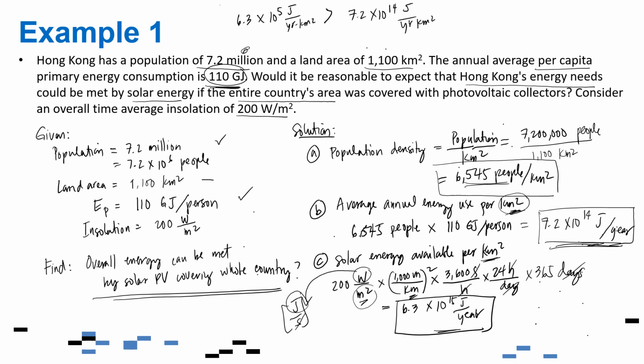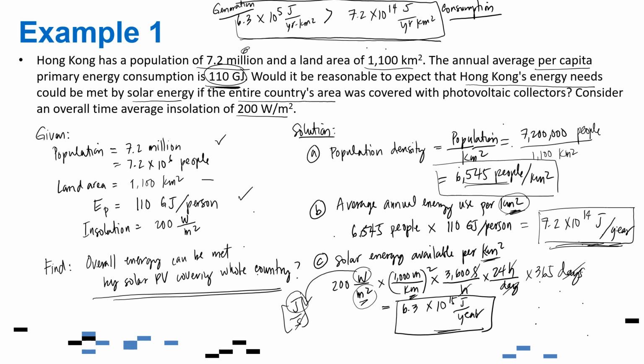This is generation, and this is consumption. Because this is greater, it means that basically solar PV can supply the needed amount for energy consumption of the entire country.